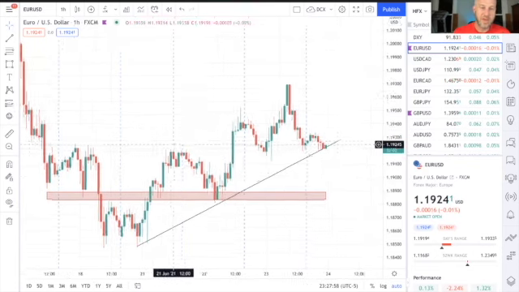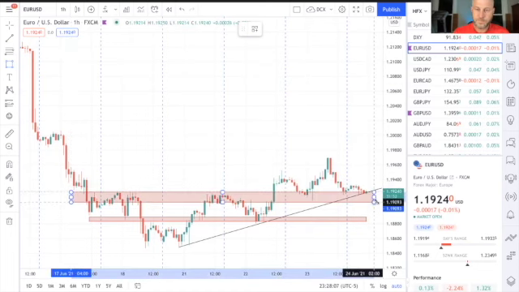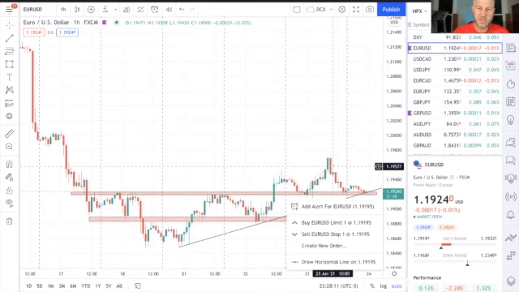Okay, now the next thing to notice is you also have a zone, right here, of support and resistance.